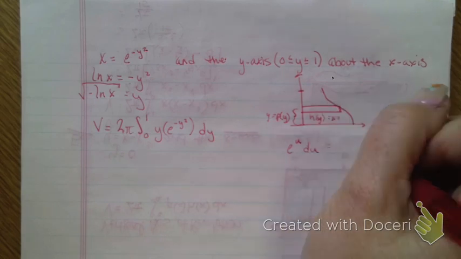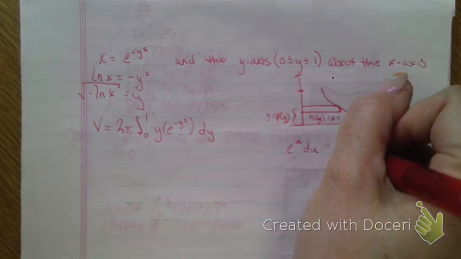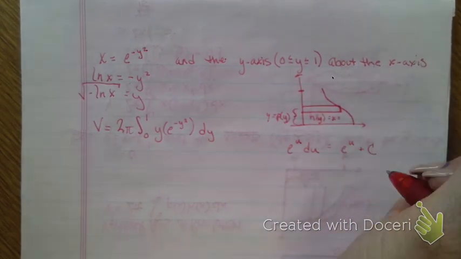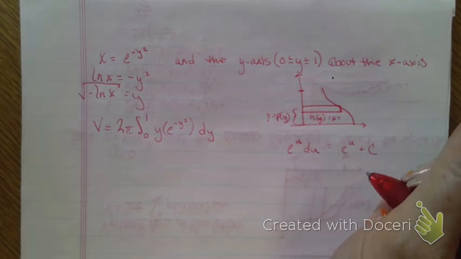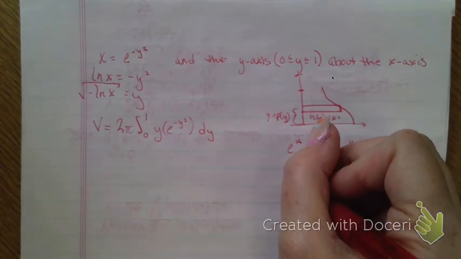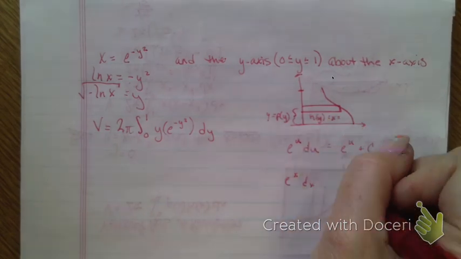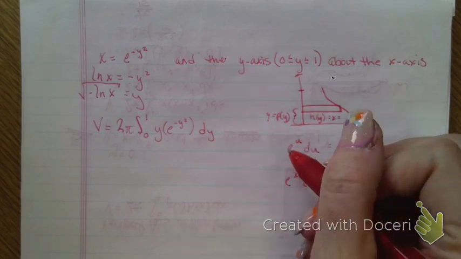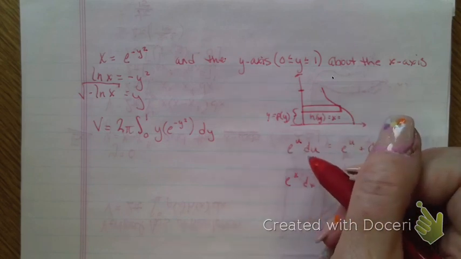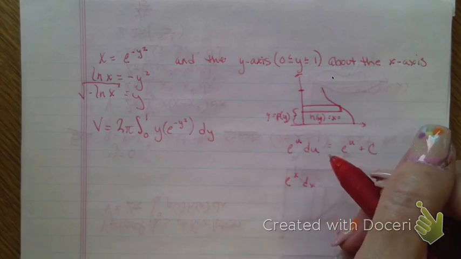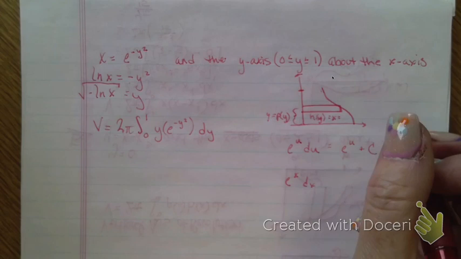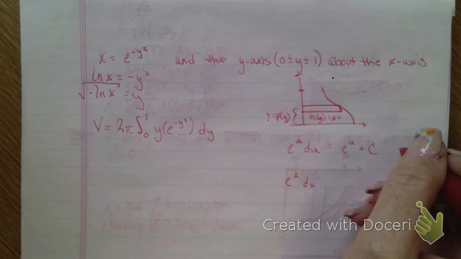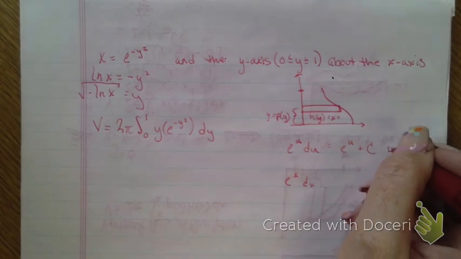Like the integral of e to the u du equals e to the u plus c. I have the integral of e to the x dx equals e to the x plus c. Oh yeah, it's the same one. This isn't like u prime times e to the u; I have that for derivatives. Maybe I just didn't write it down because I had it in my derivatives.